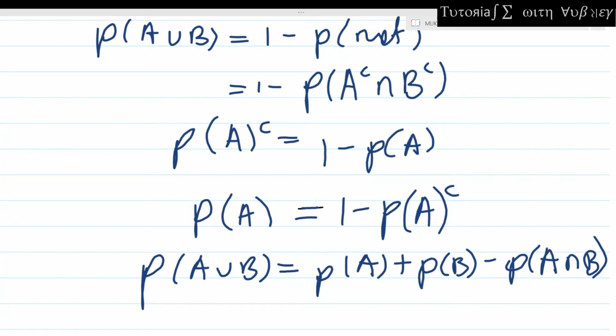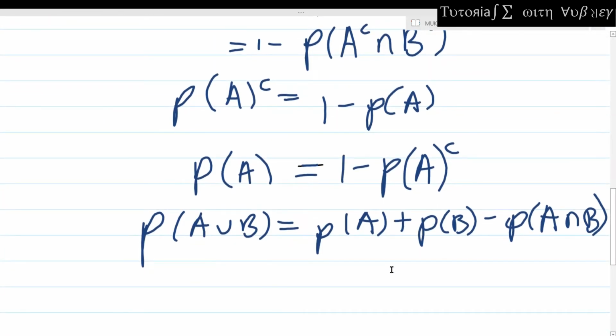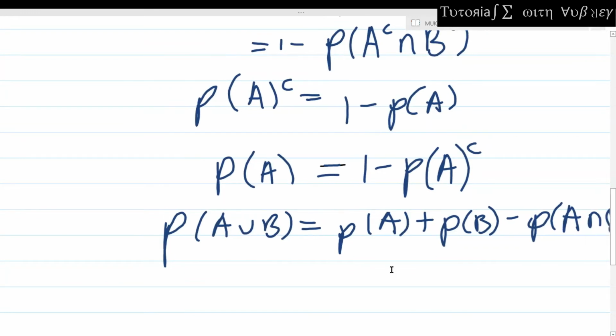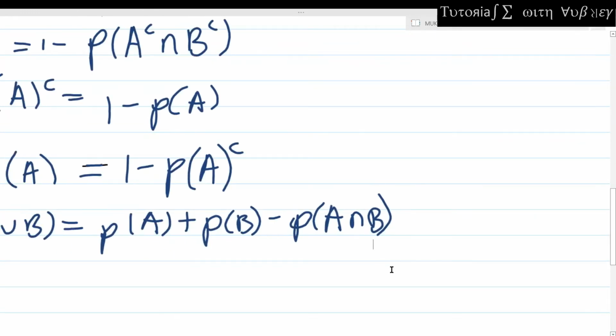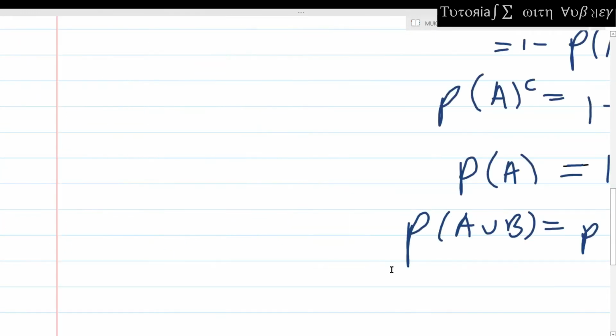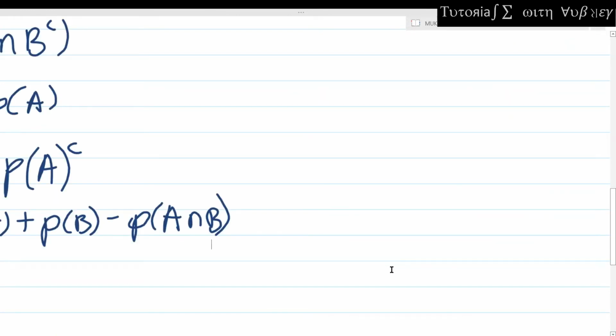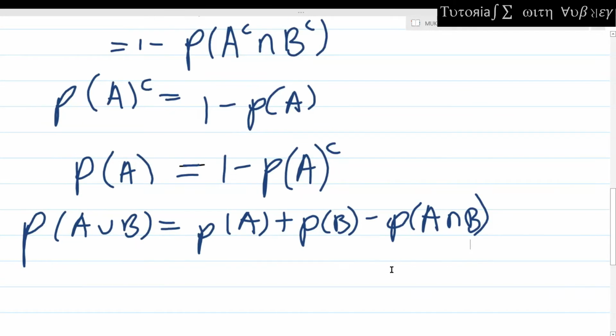Some of you might be wondering why we didn't use this formula. Well, this formula cannot work well with this example because first of all, the question has a chance of the target not being hit.